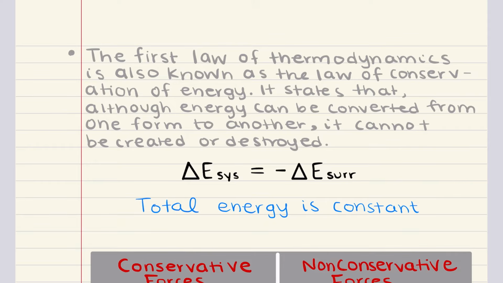However, it's crucial to note that total mechanical energy refers only to the sum of kinetic and potential energies. It does not include other forms of energy like thermal energy that might arise from non-conservative forces like friction. This is why the total mechanical energy of a system isn't always constant in the real world.